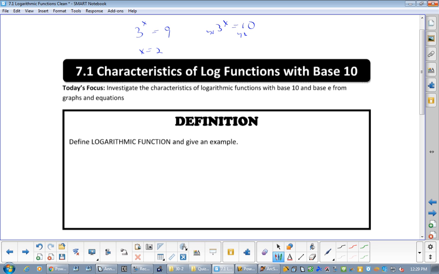What are we getting? Nothing? No, it's not 3.33 because 3 cubed is 27, so it can't be that big. 2.096.